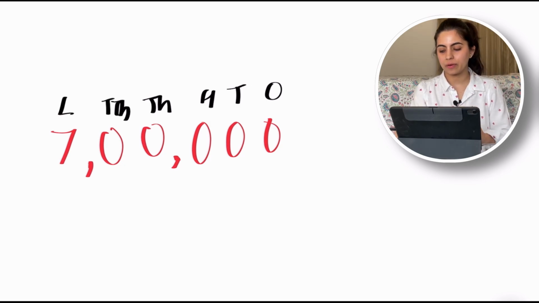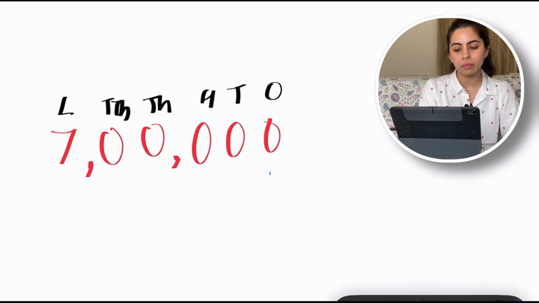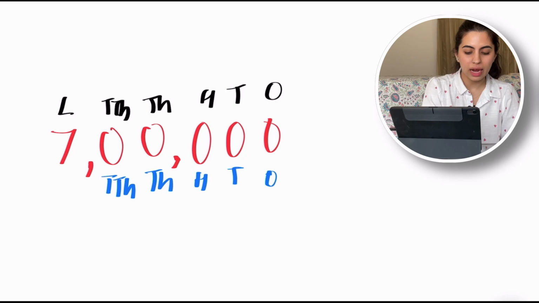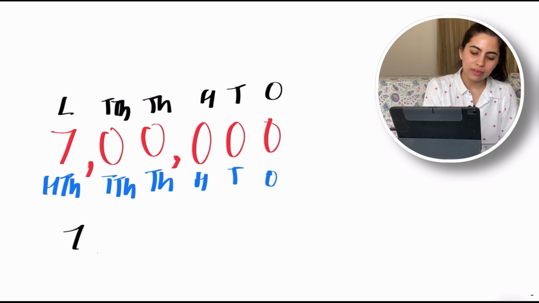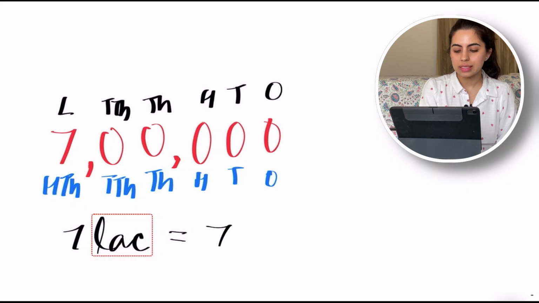This is 7 lakh. Now the international number system, which I'm writing below in blue: ones, tens, hundreds, thousands, 10,000s and 100,000s.